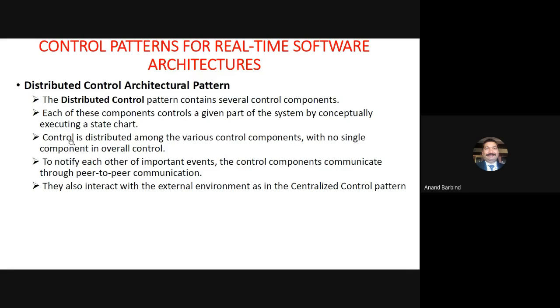Control is distributed among the various control components with no single component in overall control. So here there is no master and no slave, and typically every component is given some part of the system to be controlled.